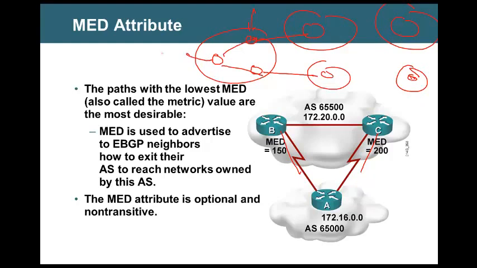You have one network here, 1.1.1.1. I want 6.6.6.6 to come like this to reach 1.1.1.1. By default it will come like this. Why? Because it is 1, 2 hops. But I want it to come like this. So I go here and set MED. No, again it is 2 different ASes.